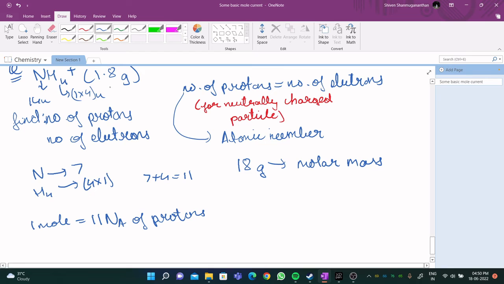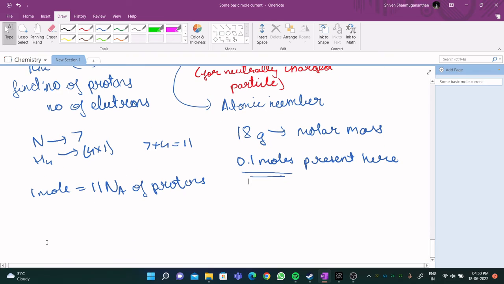Hence, if we divide 1.8 by 18, we have 0.1 moles present here. Naturally, 1 mole is 11 into Avogadro's number of protons, so 0.1 mole will be 11 times 0.1, which gives 1.1 Avogadro's number of protons.